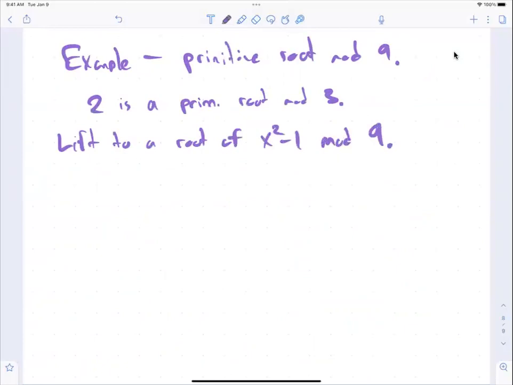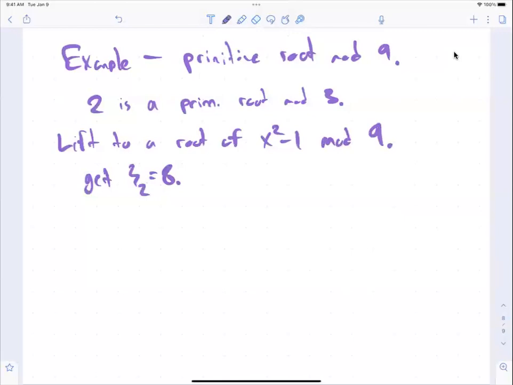So we get x equals 8. So 8 squared minus 1 is 0 mod 9. So zeta 2 is 8. It's not surprising, since minus 1 squared is always 1.